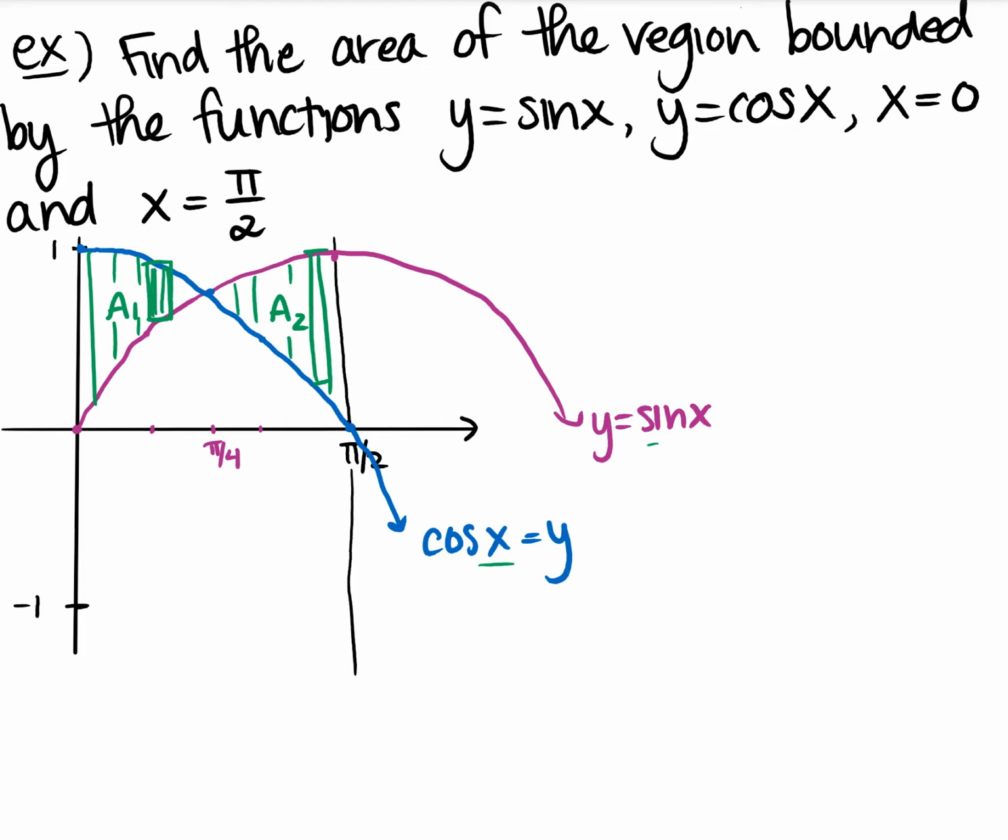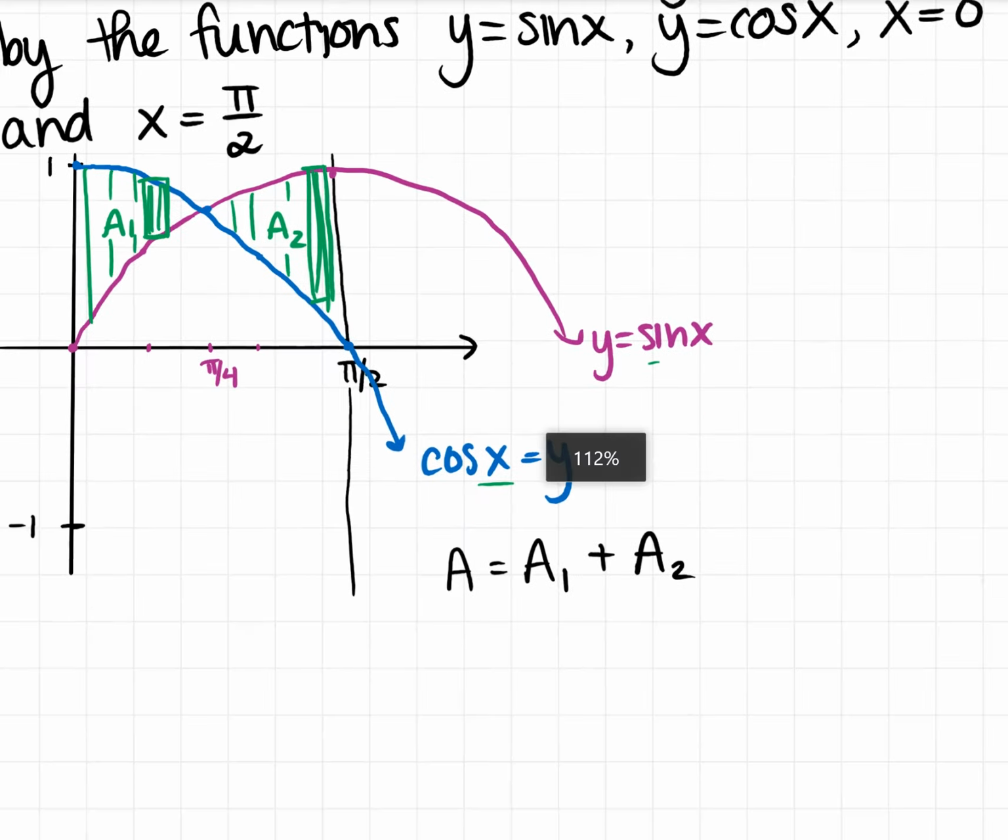So if I look at a representative rectangle here, I see that sine is greater. To find these areas, I must take the area of A sub 1 plus the area of A sub 2. I can't just integrate from 0 to pi over 2 of sine minus cosine or cosine minus sine, because they switch. You will get the incorrect answer if you do that.